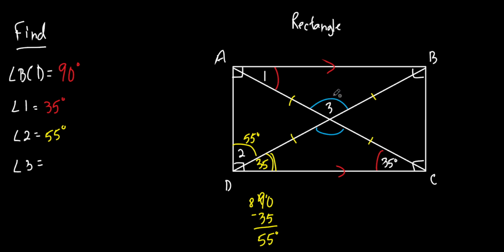There's a word for it. Anybody remember? Probably not. It's been a while. Anytime you have 2 lines that intersect each other, these angles are equal and these angles are equal. It's vertical angles. Vertical angles are equal. So this angle 3 is equal to this angle down here, the second blue one.